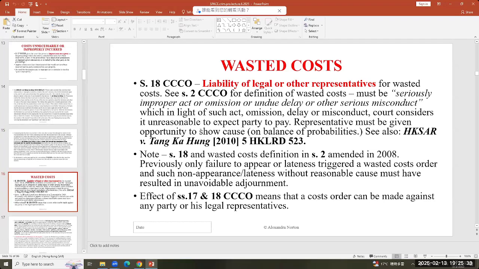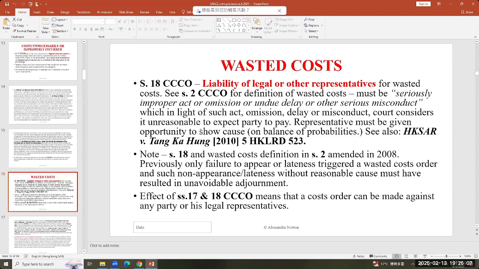Wasted costs under Section 18 of the CCCO is the power that the court has to punish, to make a punitive award of costs. So this is a situation in which, unlike the other provisions of the CCCO, the cost order is not compensatory. This is a punitive award of costs, and it's imposed on a legal or other representative for wasted costs.